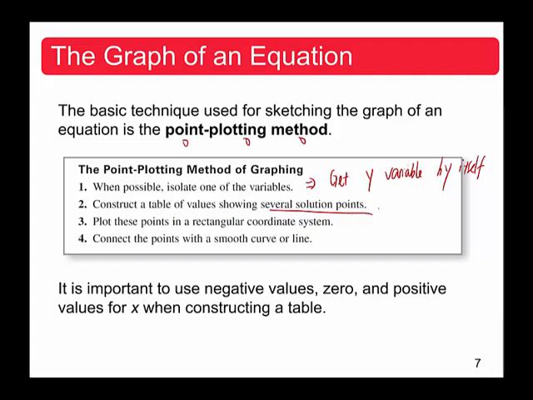Then the third step, plot those points in the rectangular coordinate system, and the fourth step, connect the points with a smooth curve or line. Okay, and typically we're using some negative values, 0, or positive values for the x coordinate when we start creating a table.